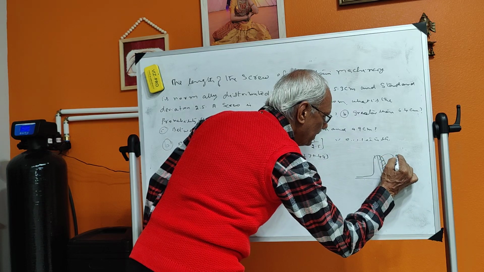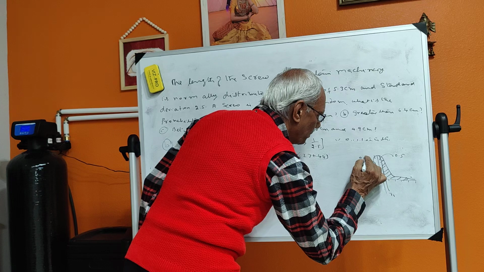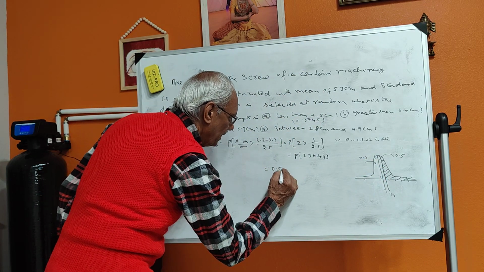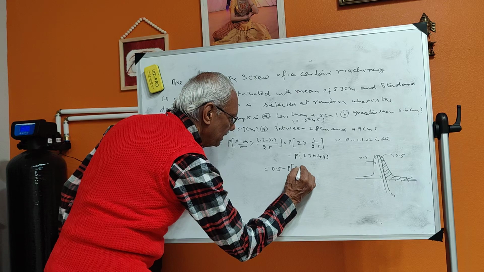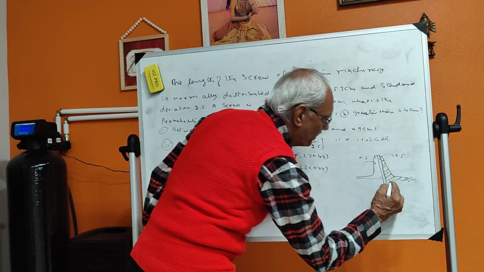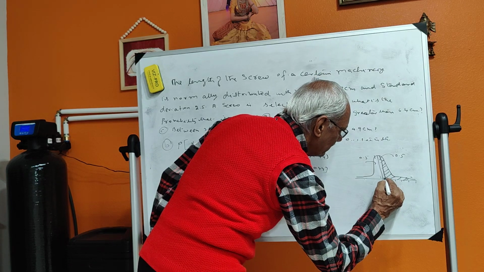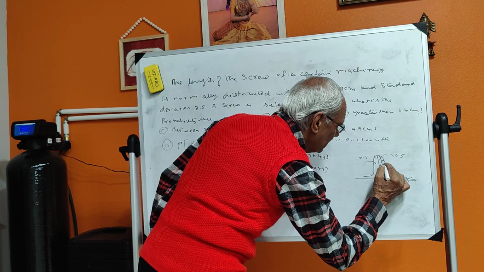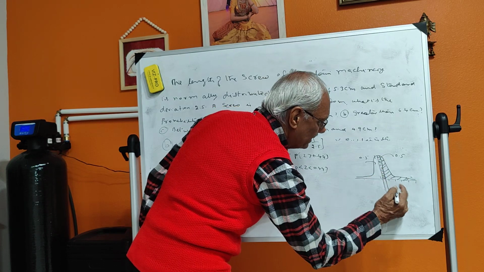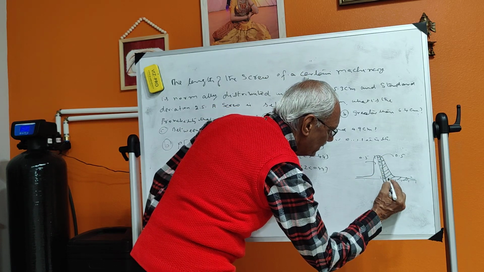This whole area is 0.5. So this is nothing but 0.5 minus P of 0 less than Z less than 0.4. That means subtract this area, the area between this and this, from the whole 0.5 area.